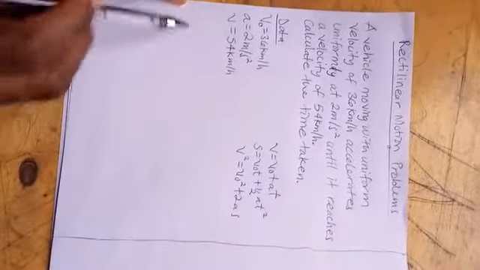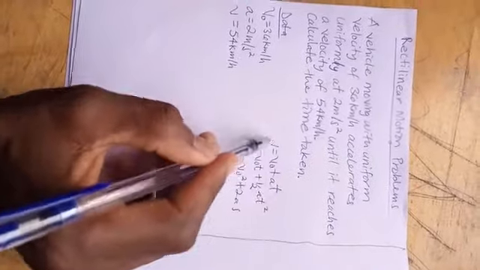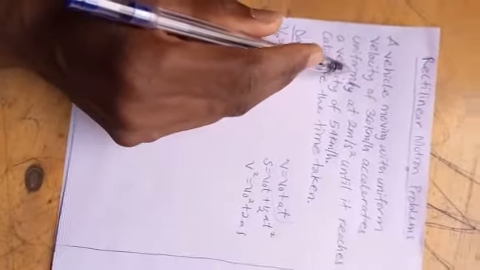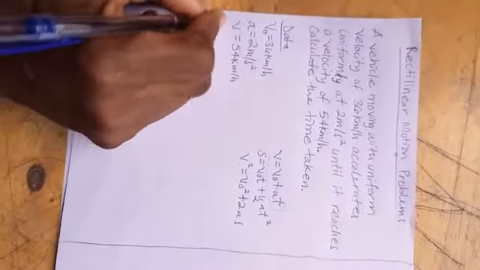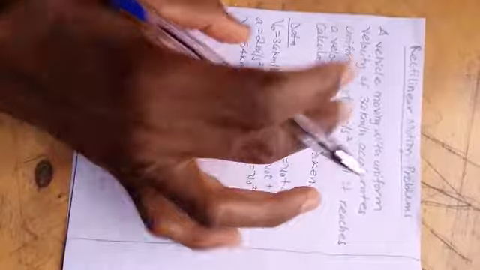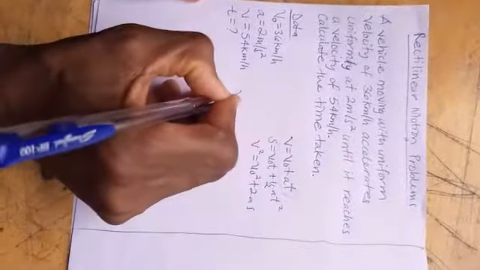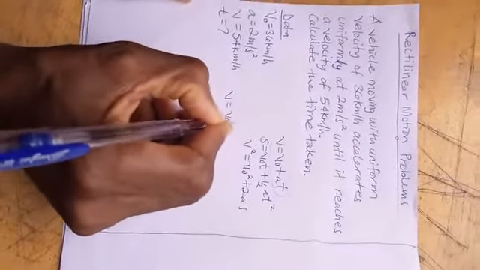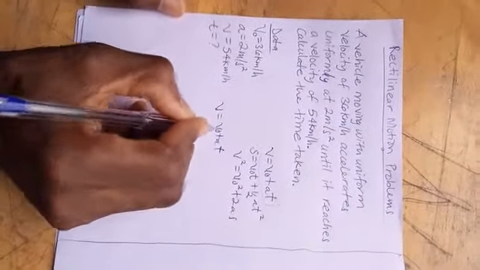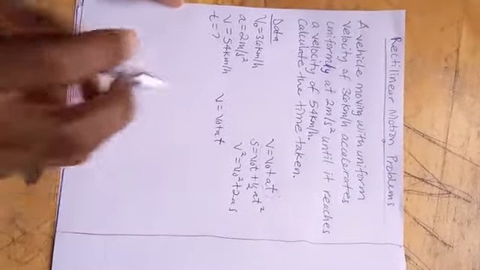We observe that the first equation suits this problem, and we are asked to find the time, so the time is unknown. We use v equals v naught plus at, where v is the final velocity, v naught is the initial velocity, a is the acceleration, and t is the time.